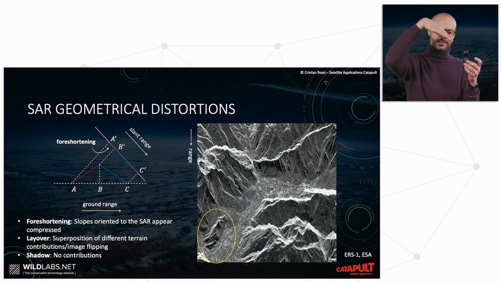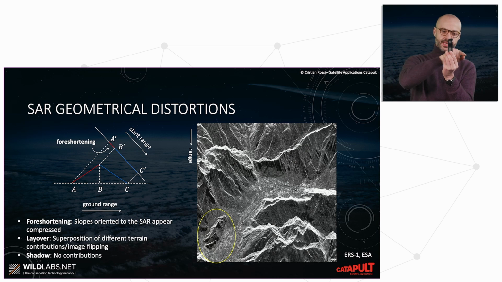Our sensor transmits and receives the signal back. The sensor just doesn't reach this area behind the obstacle, so this area will be in shadow. We won't have any contribution. This appears often as black or very dark in SAR images.